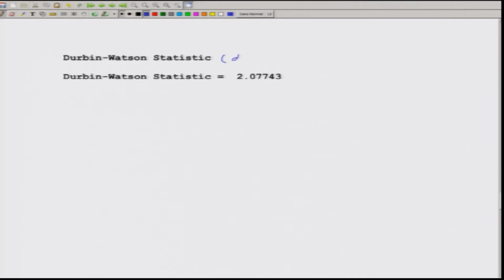This is usually denoted by D, and Durbin-Watson statistics tests the presence of first order autocorrelation in the data.